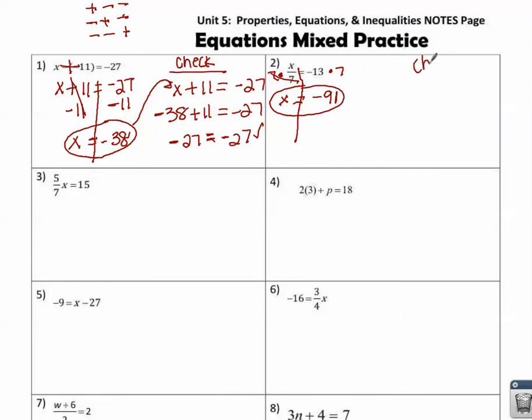Check your answer. Write down the original problem. Substitute what you got in for an answer. Make sure you do the work to figure out that negative 91 divided by 7 gives you negative 13. Do not assume.